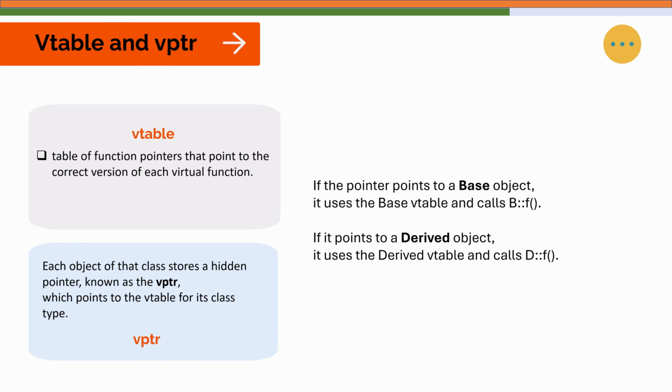So when you call function f through ptr, the program actually looks up the function address in the vtable of the object being pointed to. If the pointer points to a base object, it uses the base vtable and calls the base class version of function f. And if it points to a derived object, it uses the derived vtable and calls the derived class version of function f.